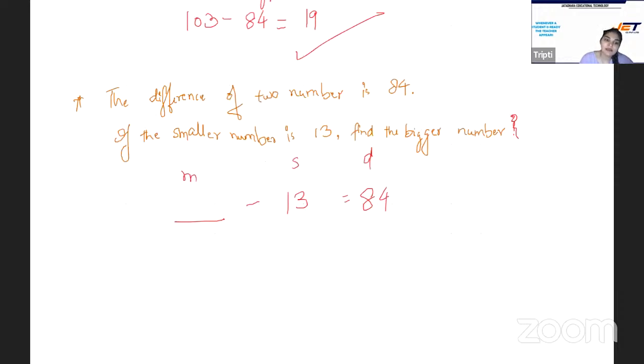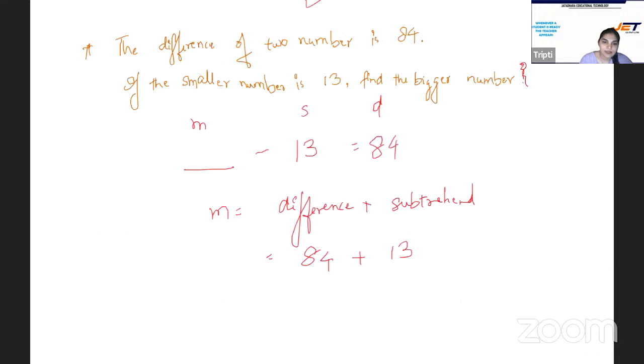To find the minuend, what we do is difference plus the subtrahend. So the difference is 84 and the subtrahend is 13. So if I do 84 plus 13, it's 97. That means the bigger number that is missing over here is 97.